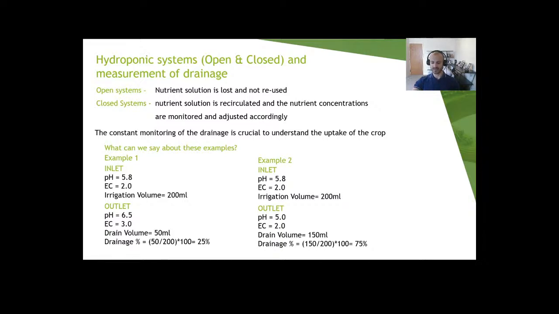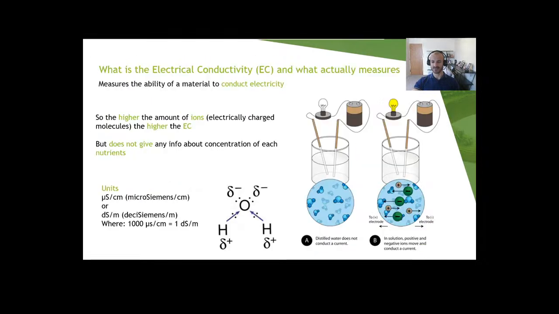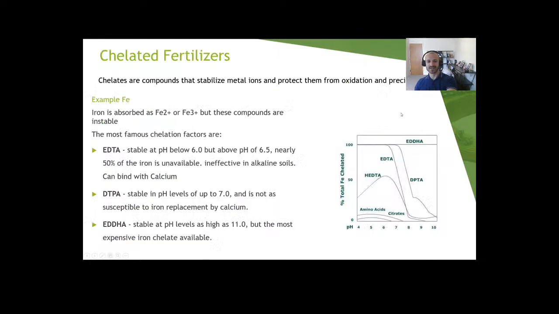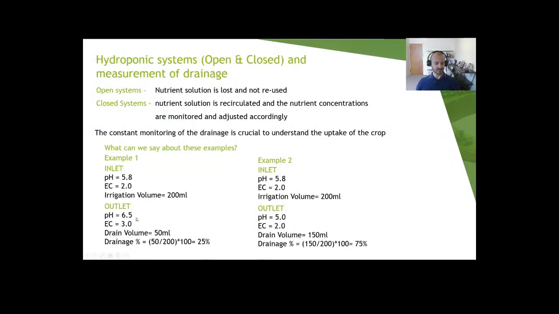as we said before, in order to make the pH higher, we need more OH minus, okay? So where is this OH minus coming from? It's coming from the plant, from the roots, because the plants have to keep the charge balance inside, so they have to keep the same electrical charge.